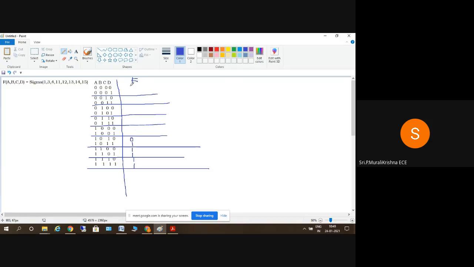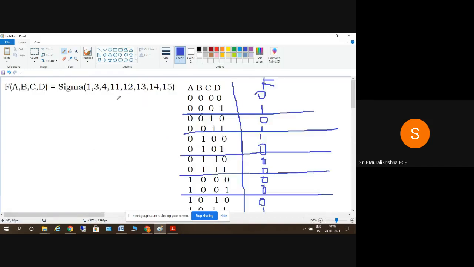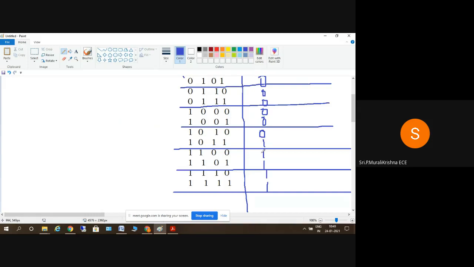So 1, 3, 4 are ones, and remaining all are zeros. These F values are based on the given Boolean function. So the 1 value is 1, the 3 value is 1, the 4 value is 1, and the remaining are zeros. And from 11 to 15, all the values are equal to 1.